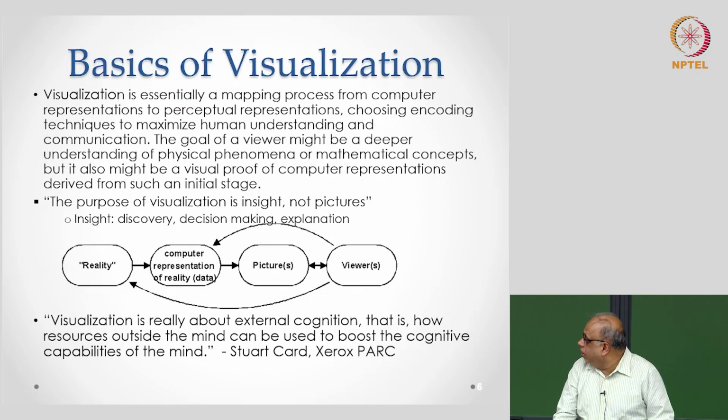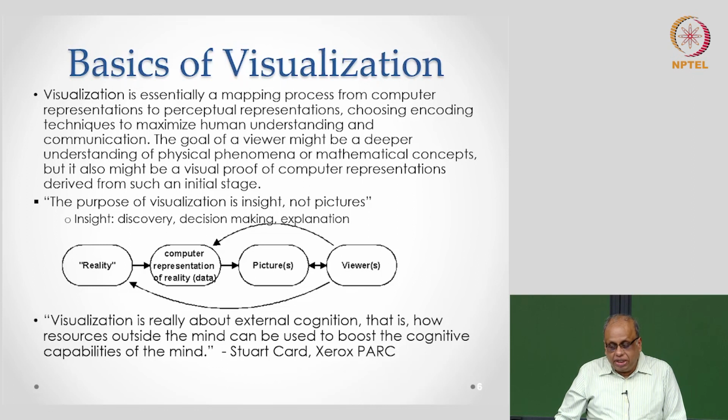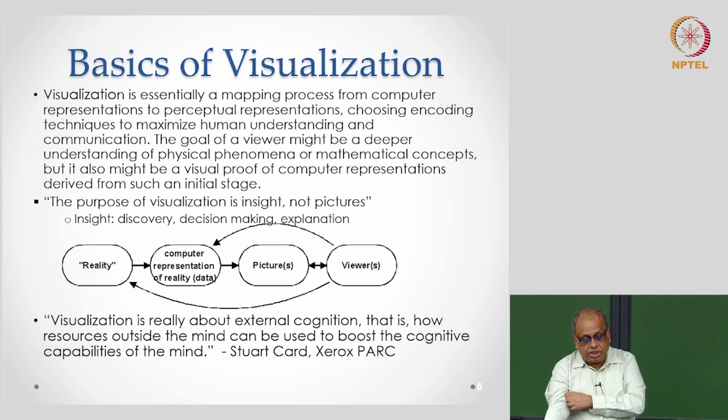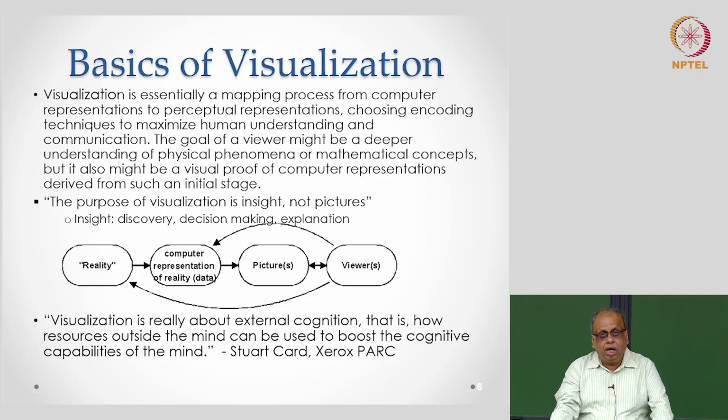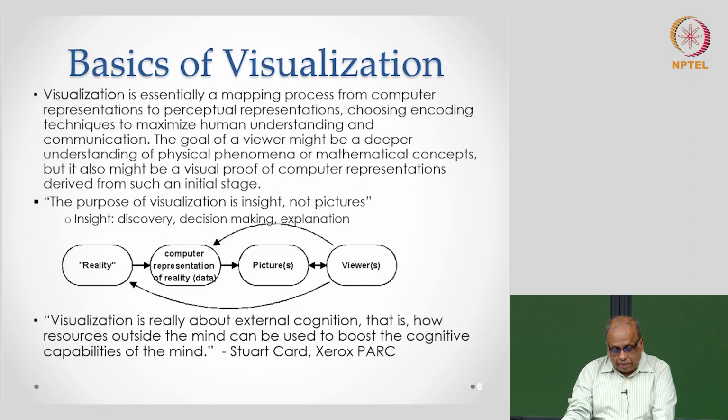So what we do in visualization, we have some reality, like the reality can be some graph data. We have a computer representation of the data. That data may be a nodes and links kind of diagram. And then we create pictures of that.